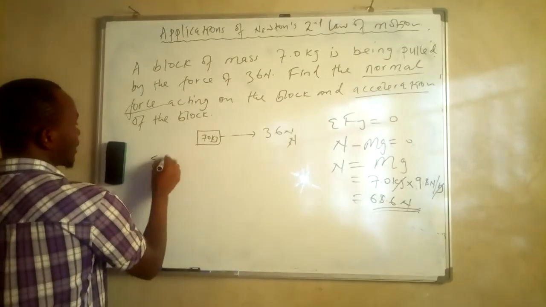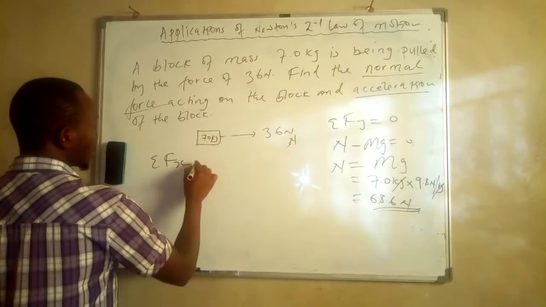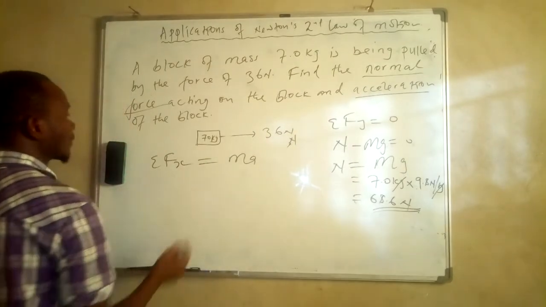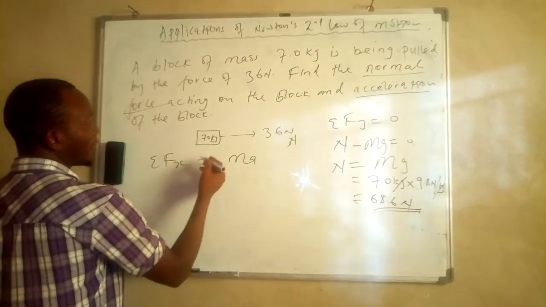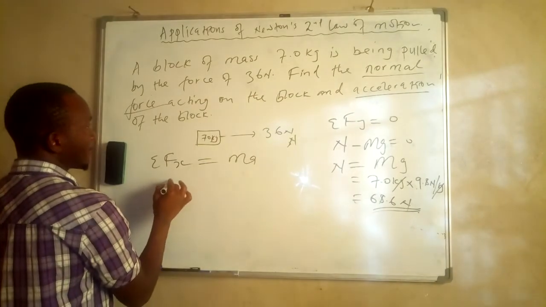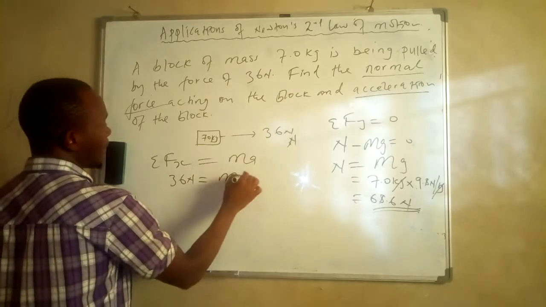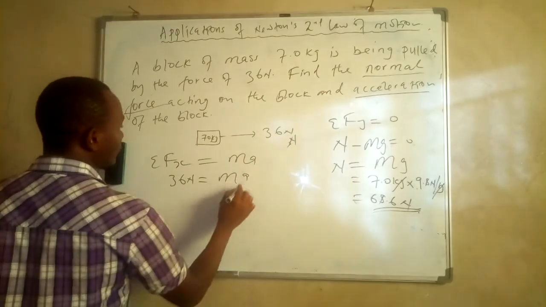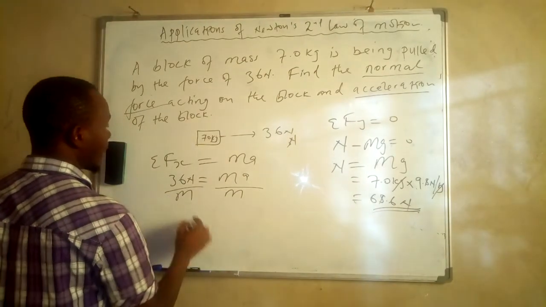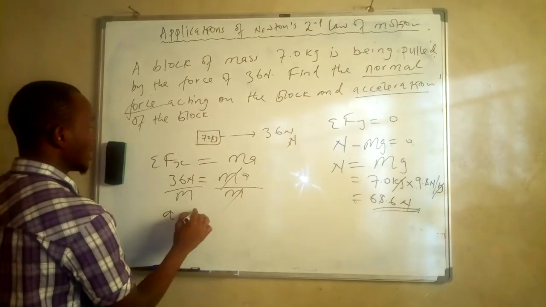The summation of forces in x, since it is going in the x direction, must be equal to ma. And here we just have this force, which is 36 newtons, equal to ma. In order to find the value for a, let us divide by m on both sides, so that the m's cancel.